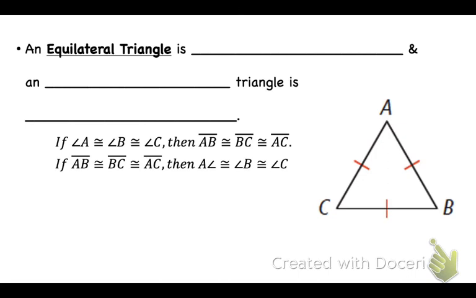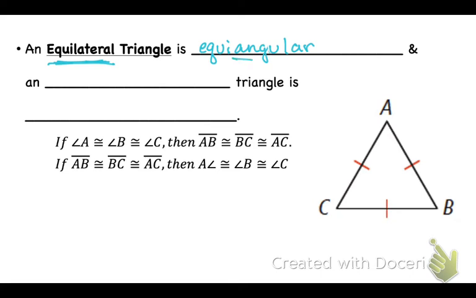Okay, equilateral means equal sides, because lateral are sides, yes? Yes. Okay, so an equilateral triangle is equiangular. What does equiangular mean? Equal angle. All the angles are equal, yes? So if it's equilateral, it is also equiangular.